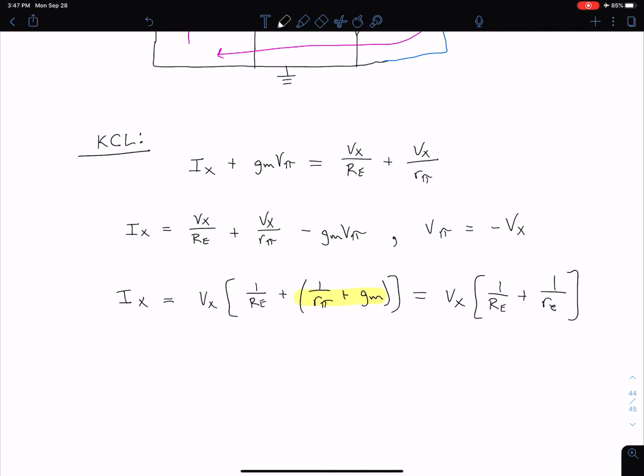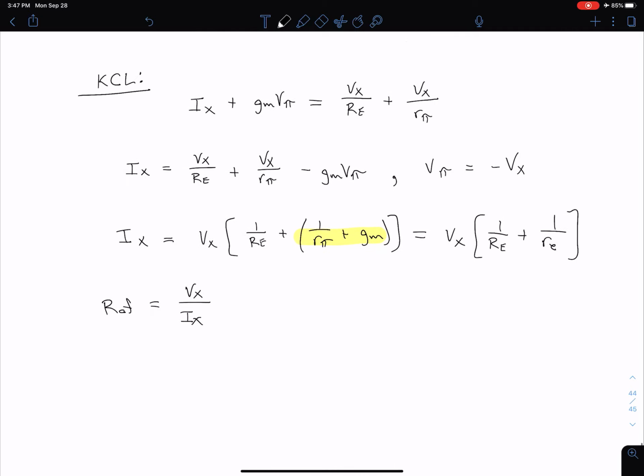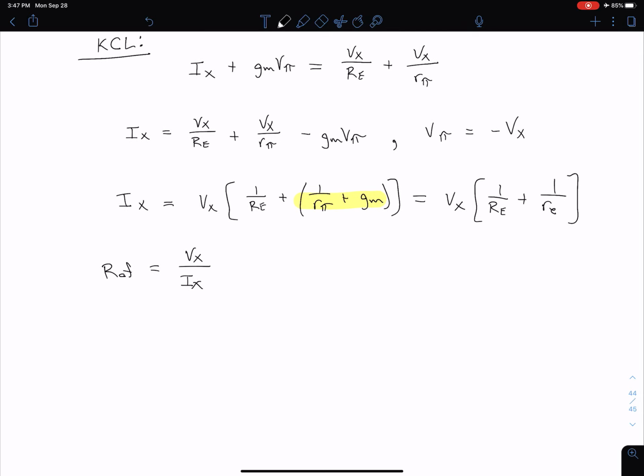All right, so now we want to find that output resistance. So our output resistance is equal to Vx divided by Ix. So we just take that previous equation, divide by Ix to the other side, then we have to divide by that quantity in the brackets to the other side. So we're going to have 1 divided by R sub e plus 1 divided by lowercase r sub e, inverted.